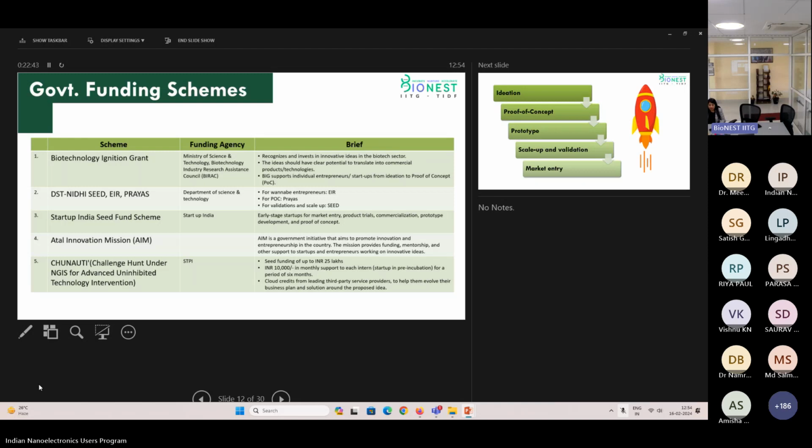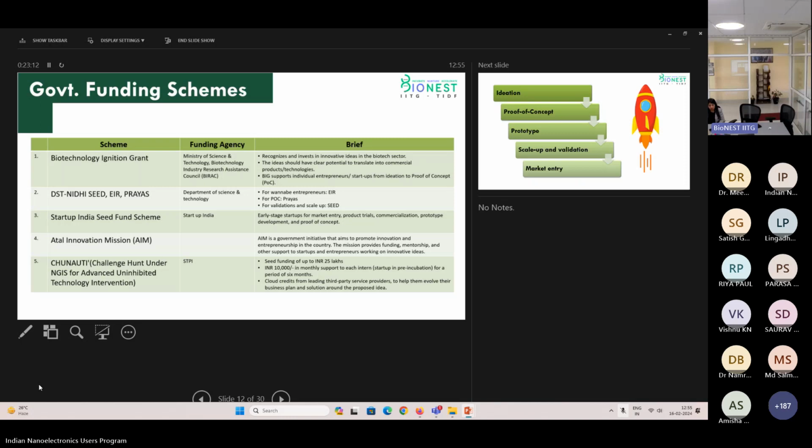And then you take this second level of grant, called Prayas, which is generally always given to a company. I think they give around 10 lakhs, that's the highest amount they give, which again helps you in building the prototype, right? And then the seed grant comes from DST Nidhi. This is given in the form of investment, so the ceiling amount could be 1 crore also.